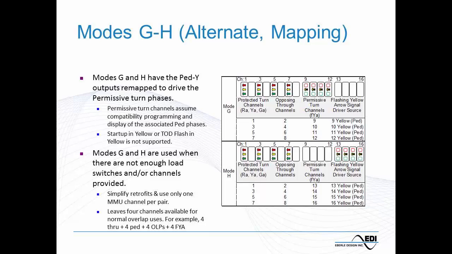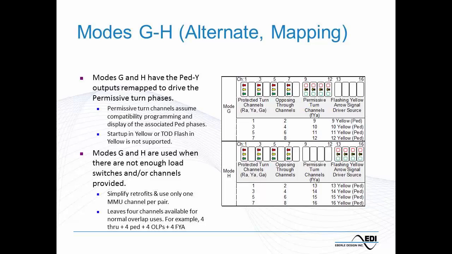Because the permissive turn movement is monitored on the same channel as the pedestrian movement, if we have a conflict involving channel 13, for example, we have to figure out, was the conflict because of the permissive flashing yellow arrow, or was it because of the walk indication for that associated channel? So it's nothing that can't be determined from figuring out who's turned on and who's turned off and what channels the conflict is involved in, but it does add another level of thought to the process.